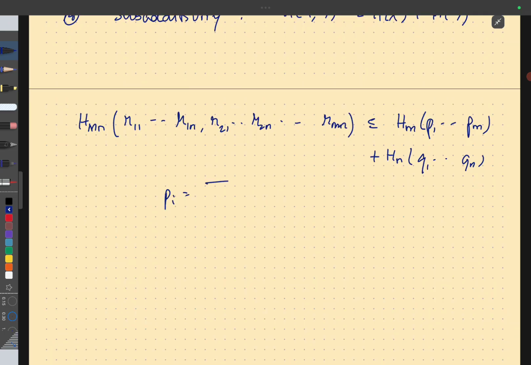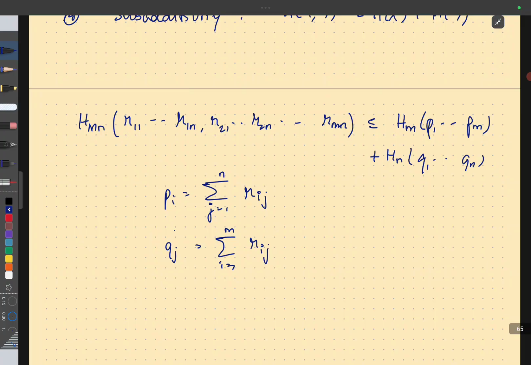So p_i is summation j equal to 1 to n of r_ij, and q_j is summation i equal to 1 to m of r_ij.